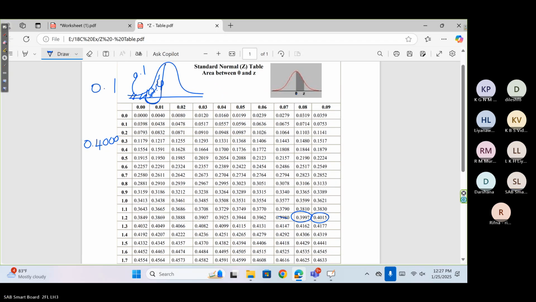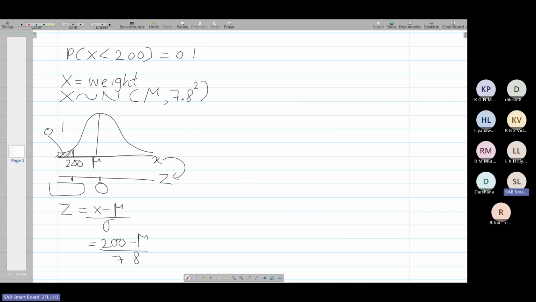Here 1.2, then here 8. Then what is the Z value? 1.28. It's clear? 1.28. Then here we can write the Z value is 1.28.